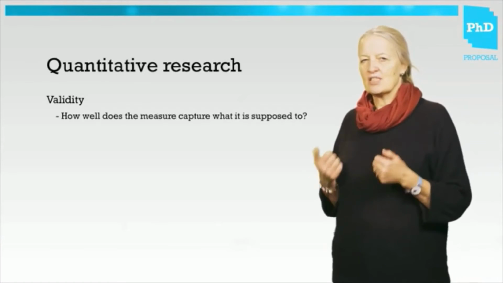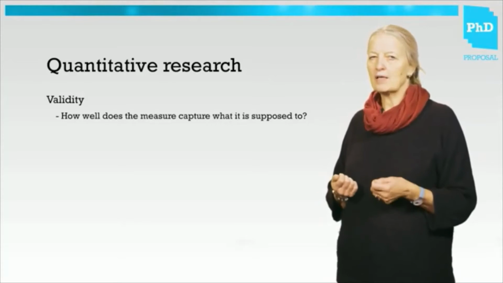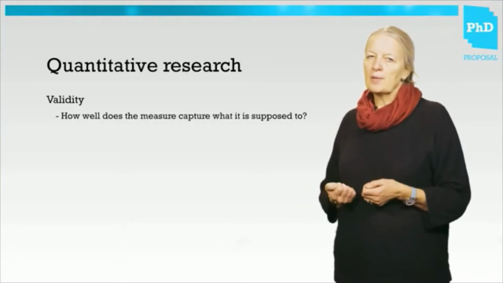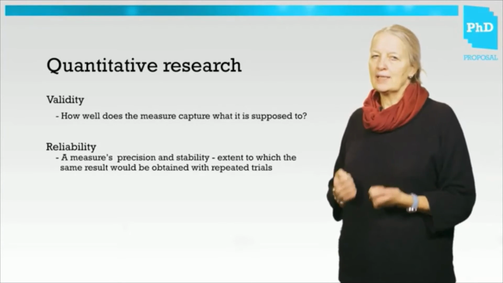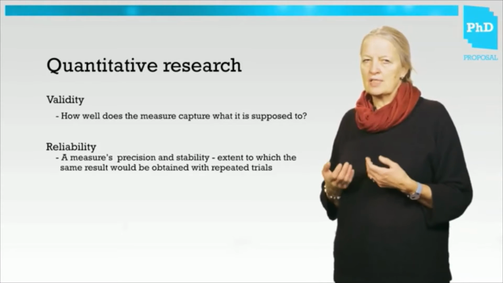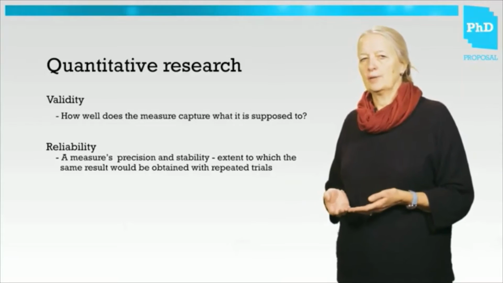Validity is whether a study, a test, or instrument captures data that allows you to make conclusions that answer your sub-questions. Reliability is about reproducibility and consistency of your data, that you measure the same thing every time you plan to use the test or instrument.